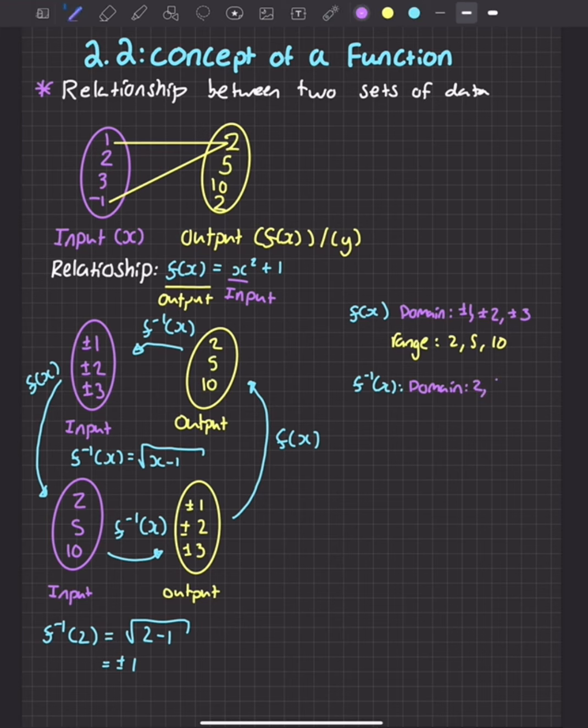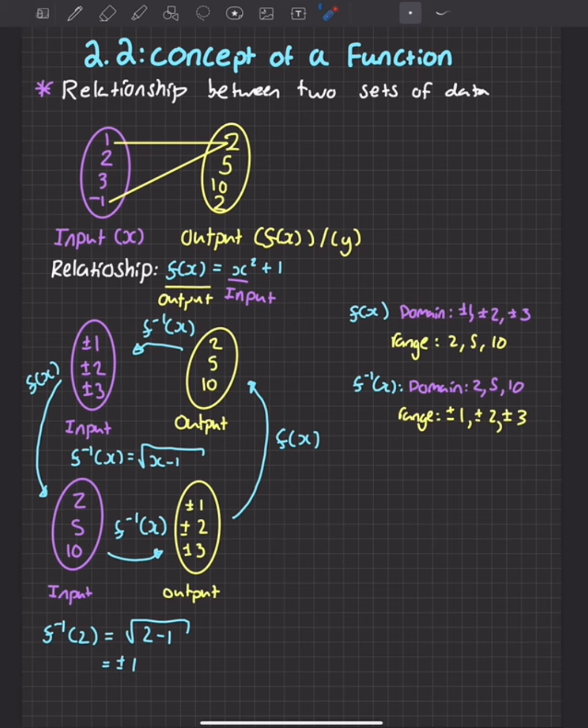So domain is 2, 5, 10. Range is plus or minus 1, plus or minus 2, plus or minus 3. And what do you notice? Well, the domain of f of x is the range of the inverse function, and the range of f of x is the domain of the inverse function. They just switch around.